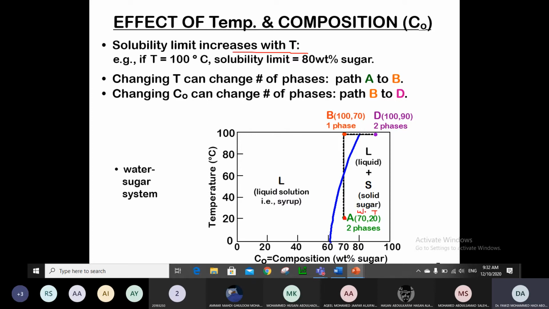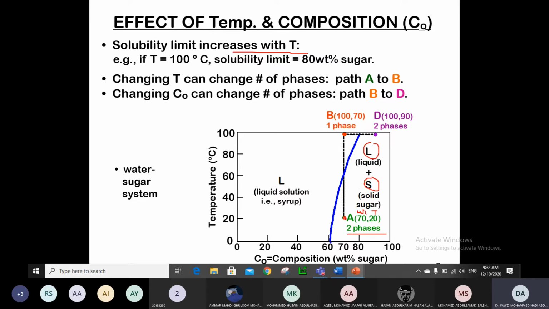So if we are at that temperature and at that composition, how many phases do we have? We have two phases. We have the liquid and we have the solid. So we have solid S and liquid L, two phases.